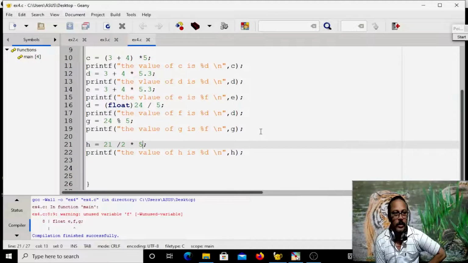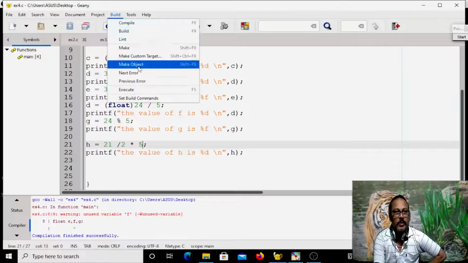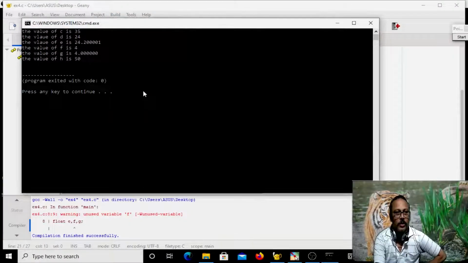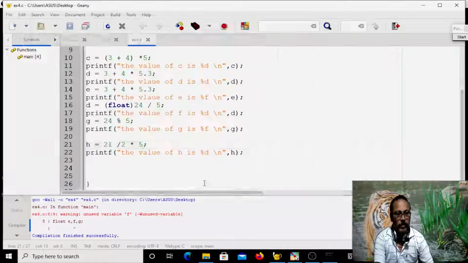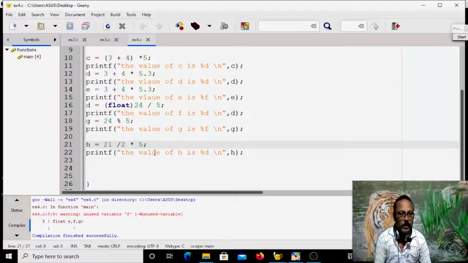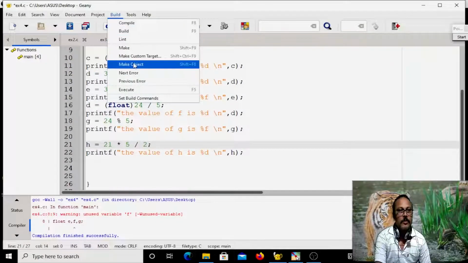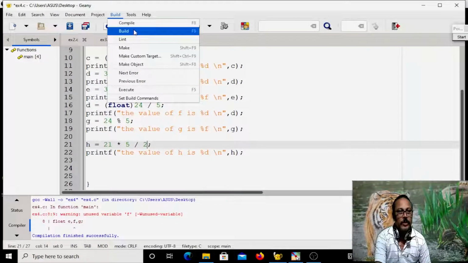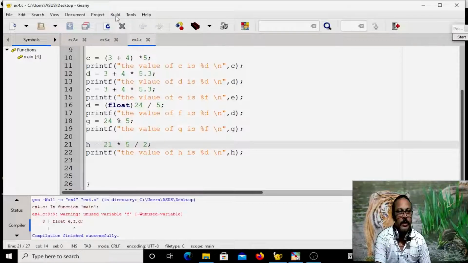Okay. You may think that both are the same, the previous one and the current one, but it's not true. 50 here. Now if it was like this, slash 2, in the previous case we had 40.